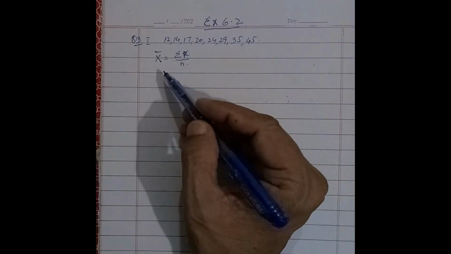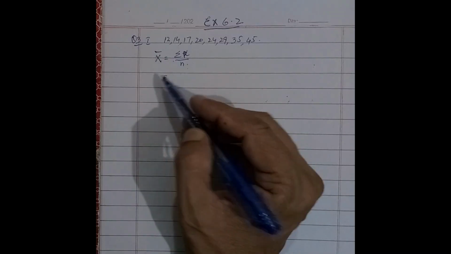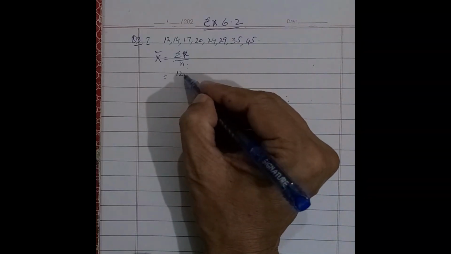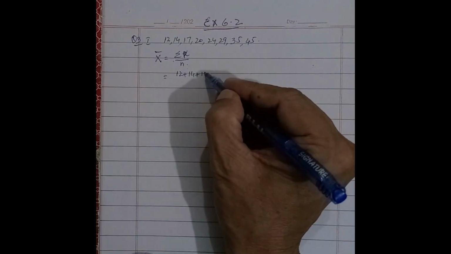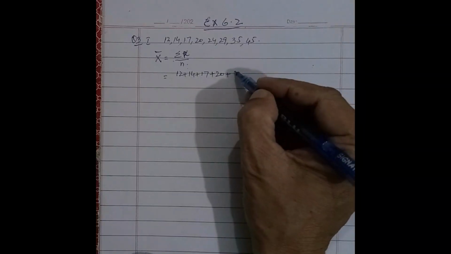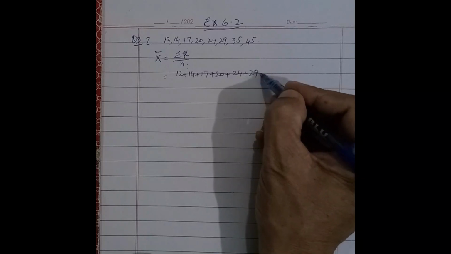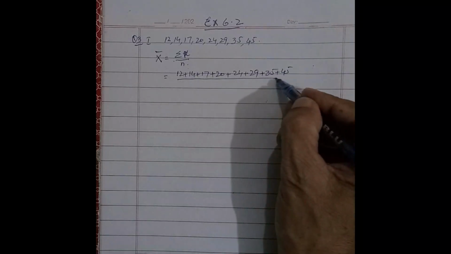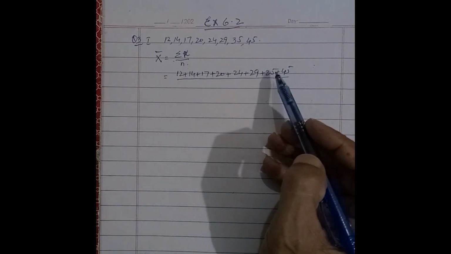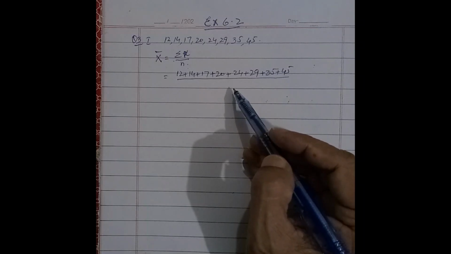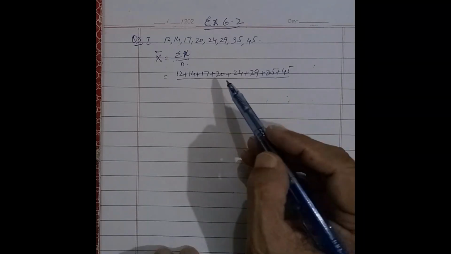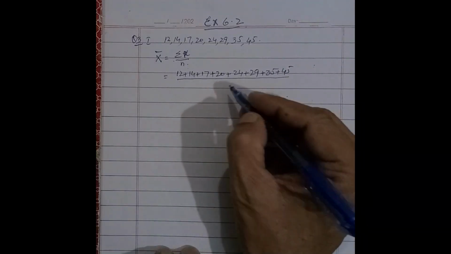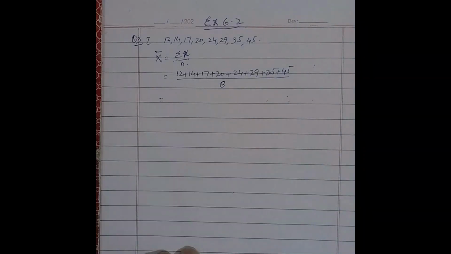So x bar is, first we take the sum of the data, which is 12 plus 14 plus 17 plus 20, 24, 29, 35, 45, divided by the number of values in the data, which are 1, 2, 3, 4, 5, 6, 7, 8. The number of values in this data is 8.